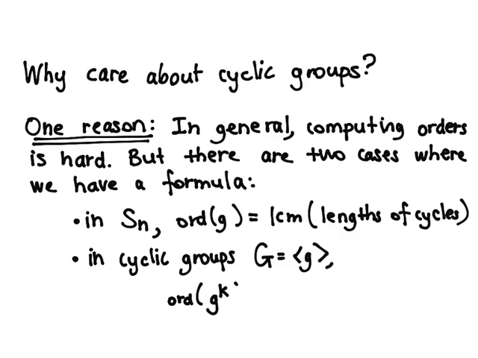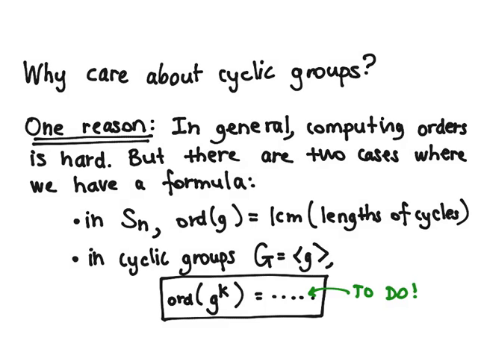So if I want a formula that will tell me what the order of any element in this group is, what I need to do is I need to be able to tell you what the order of any power of this specific element lowercase g is. And well, I don't want to ruin the surprise quite yet, but this is where we're headed this week: we're going to find a formula that lets us calculate in this way the order of any element in a cyclic group. So that's one reason why cyclic groups are a helpful thing to study.